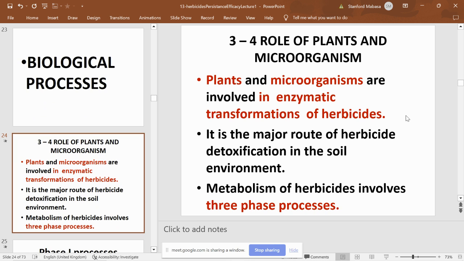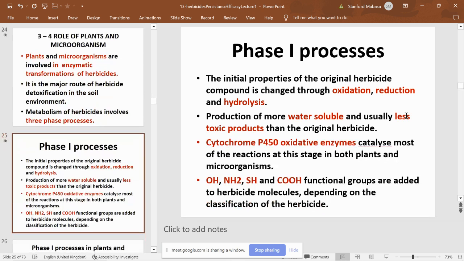It is the major route of herbicide detoxification in the environment. We now know that metabolism of herbicides involves three phases. We've got phase 1, phase 2, and phase 3. Here, I'm not going to go through again the whole process. I'll assume you now know what is phase 1, what is phase 2, and what is phase 3, so that we don't waste time on this.